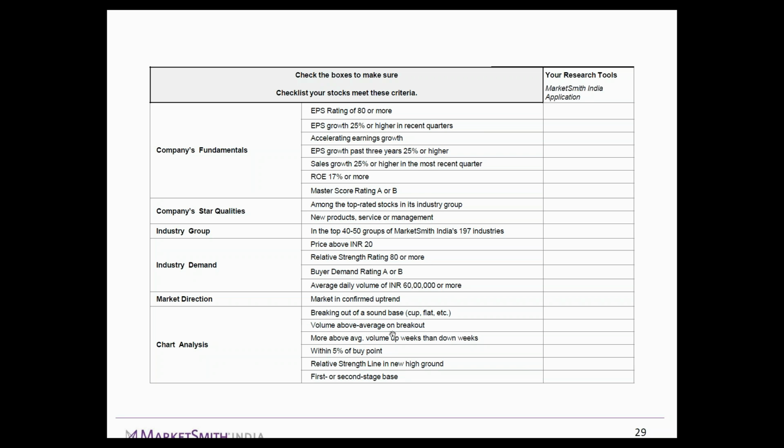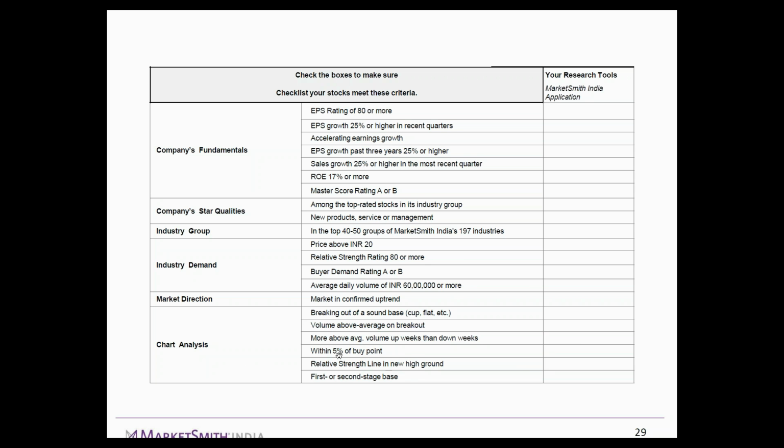Chart analysis, that is technical analysis, is another important thing which we have to keep in mind. As we spoke of earlier, breakouts are something we have to look forward to when we are taking new positions. Avoid taking positions in stocks which have already given good returns since their breakout.